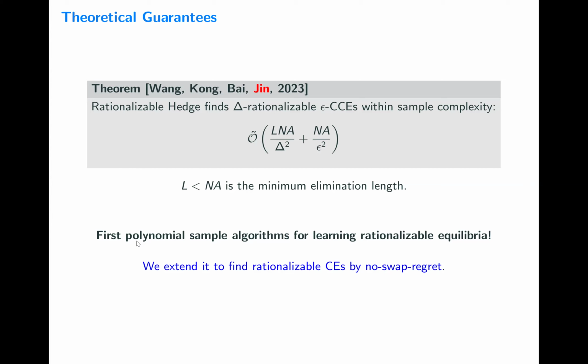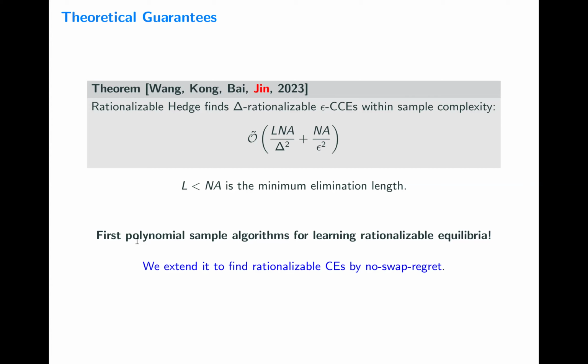That is, if you do iterated elimination of dominated actions, it is how many rounds you need before you reach the final solution, where no matter how many more eliminations you do, the game no longer changes. So it depends on both the rationalizability accuracy and epsilon for the CCE.